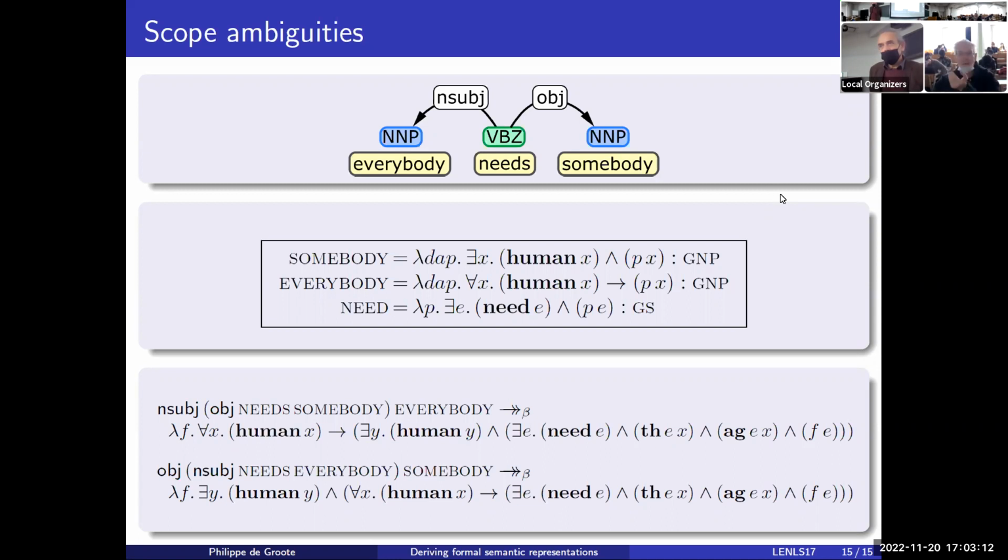For example, you say nsubj, you decided to represent the graph like, here this object needs somebody, and then nsubj applies to an object. But there's a different way to represent it. For example, object applies to something and subject applies to something, and then there is a combining term that takes them and combines them, right?